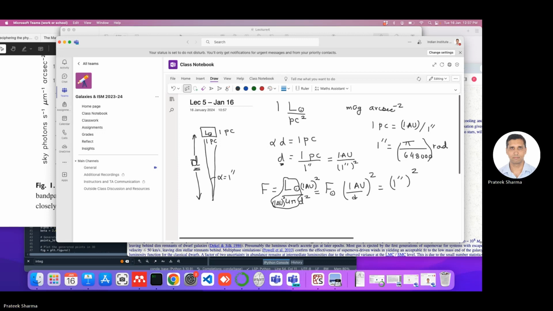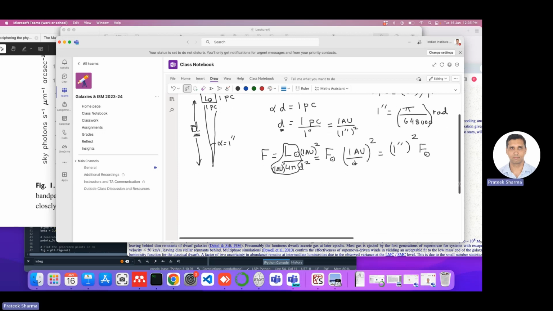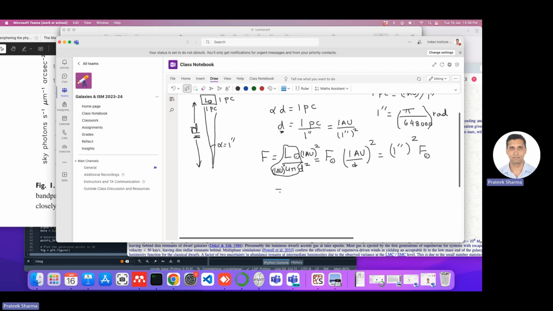So this is 1 AU by D, 1 arcsecond squared times F naught. So this is the flux that you have, right? And 1 arcsecond squared in radians is nothing but pi by 648,000, squared, times F naught.